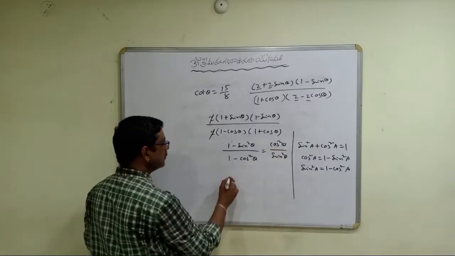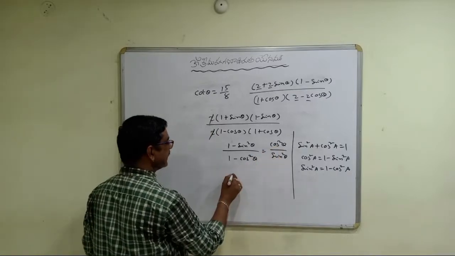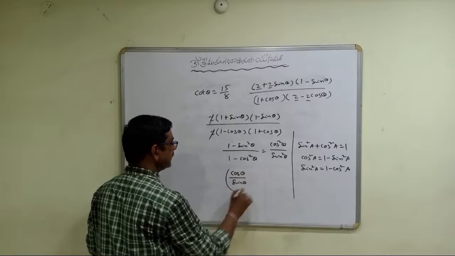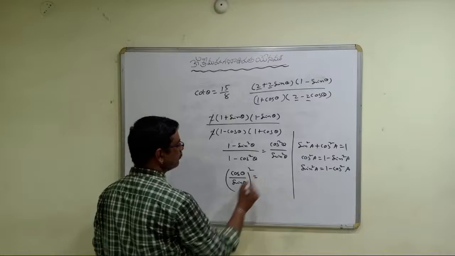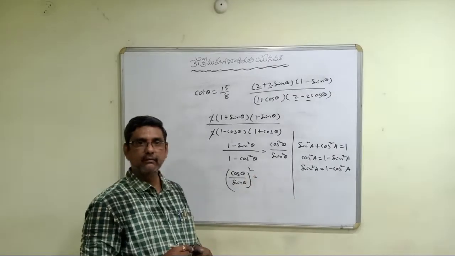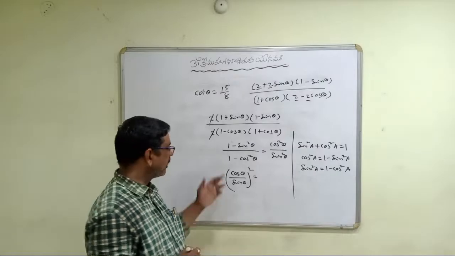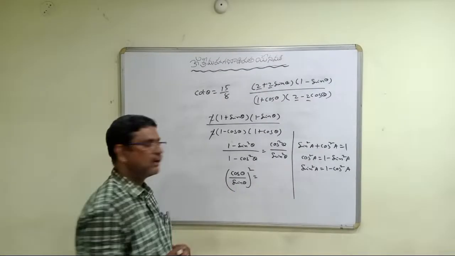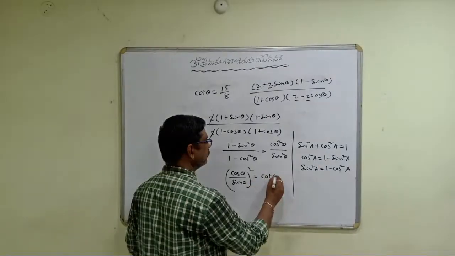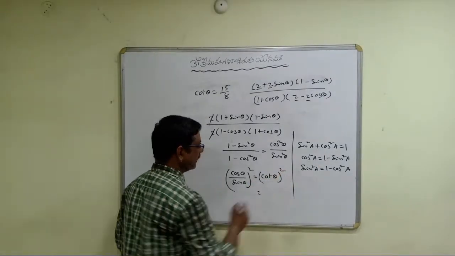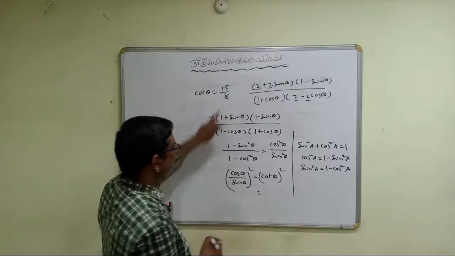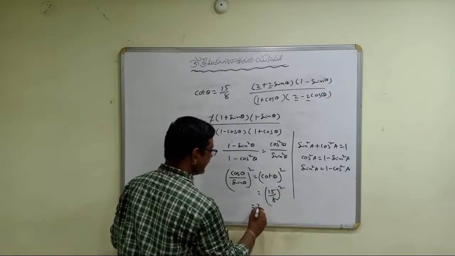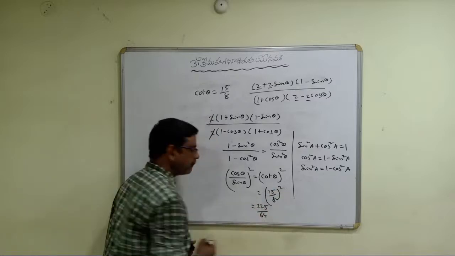Now, cos square theta by sin square theta I can write as cos theta by sin theta whole square, which is cot theta whole square. Cot theta is given as 15 by 8 whole square. So the answer is 225 by 64.